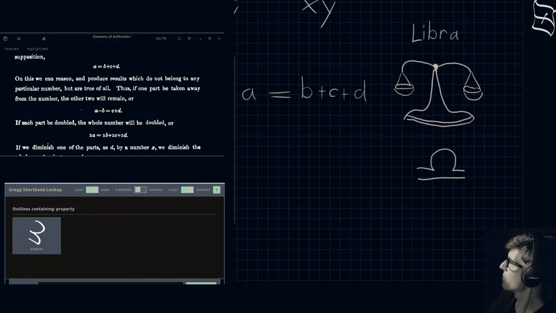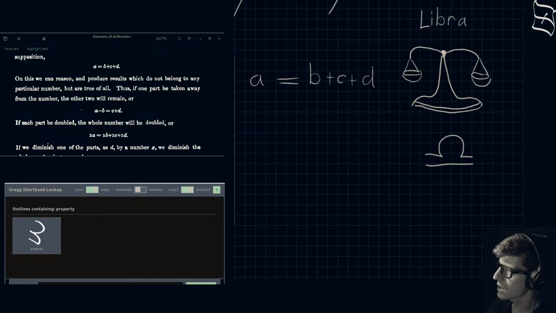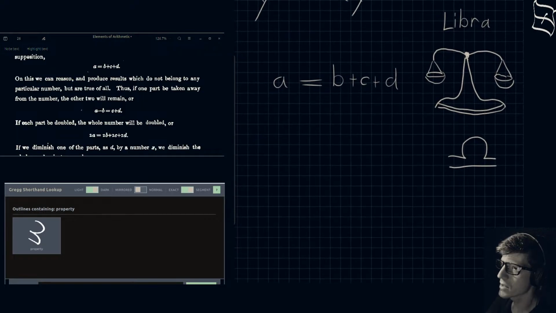Once again, remember our Libra example. Remember how essentially we are talking about equality. We want this to be equal. So, if one part be taken away from the number, the other two will remain. So let's imagine that we took b away. Well, we would say that the b has been taken away from a, but the other two remain, right?